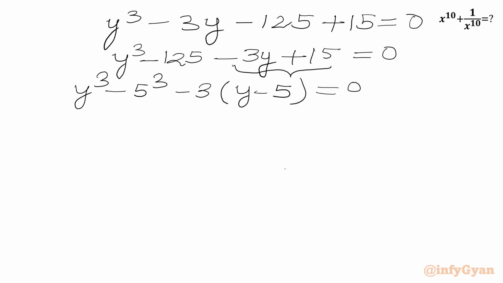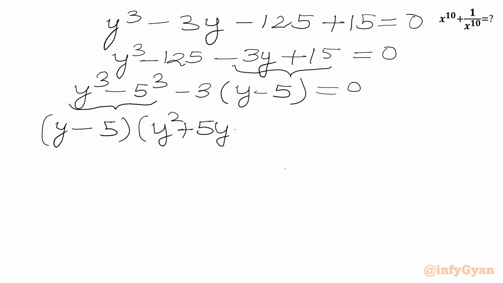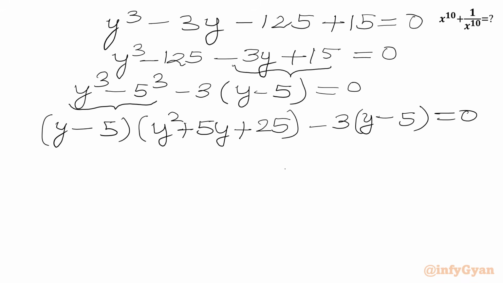RHS is 0. Now we will use the a cube minus b cube formula, which will be equal to (y minus 5) times (y square plus 5y plus 5 square, which is 25). Then we write minus 3 times (y minus 5) equal to 0. y minus 5 is overall common.